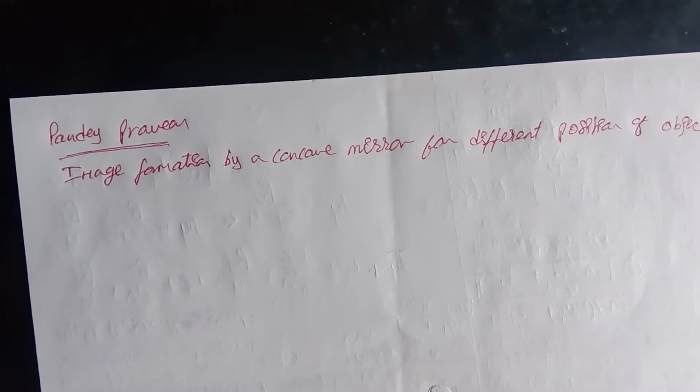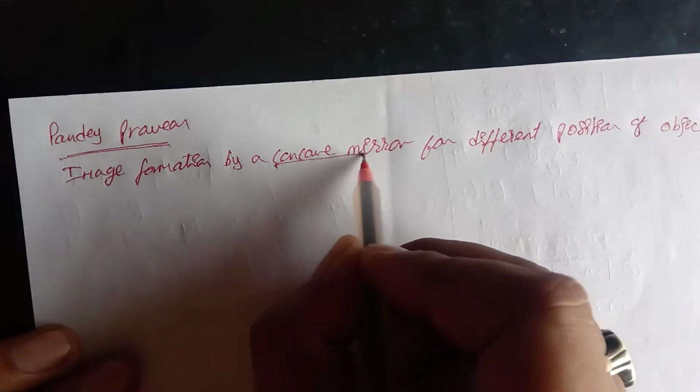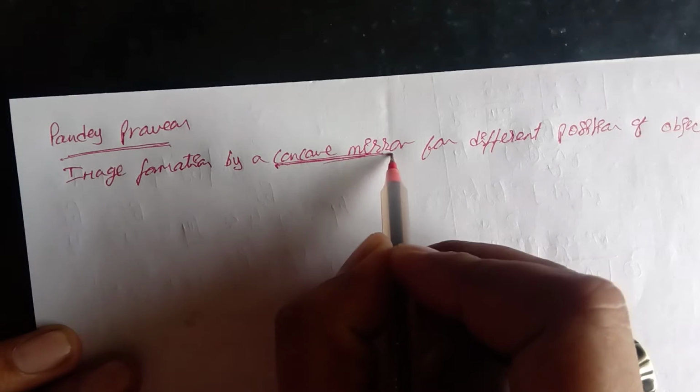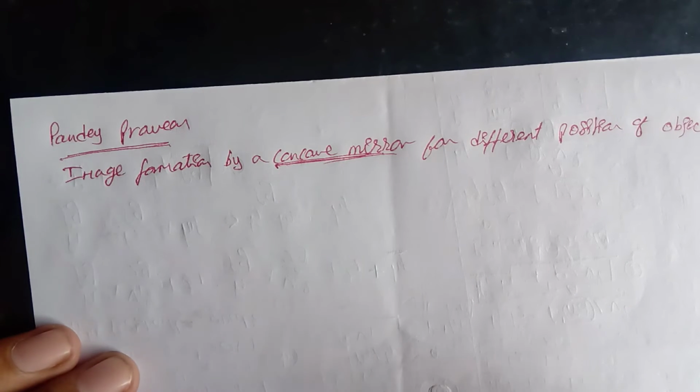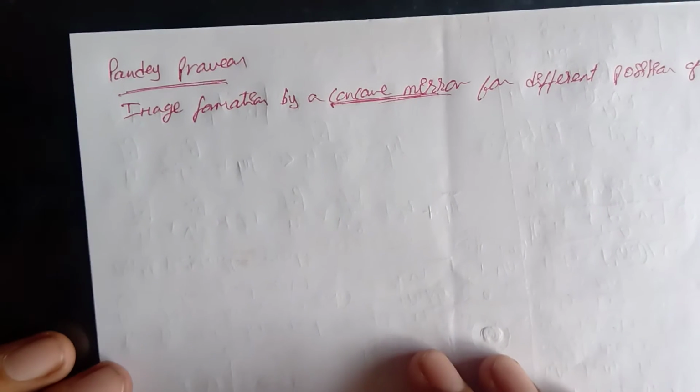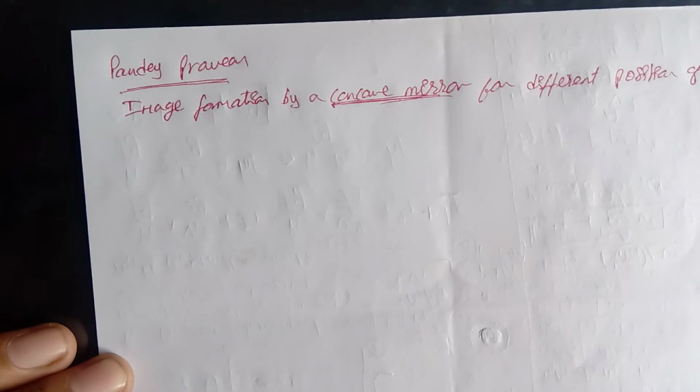So that is today's class. Remember, it's a very important class. I mean, you might be getting bits, okay? But this is basic. So here we would be dealing with concave mirror. Just for this moment, forget about convex mirror. Focus on concave mirror. In this, we have around 4 to 5 cases.